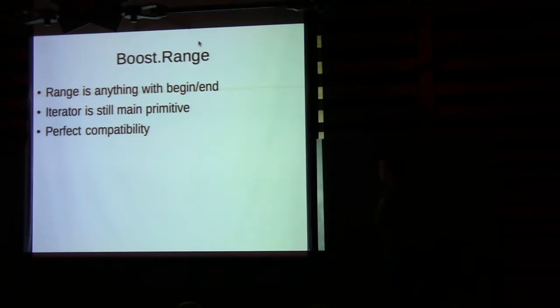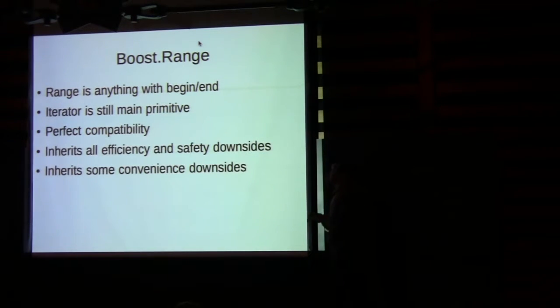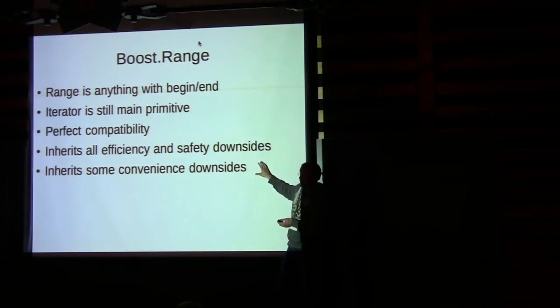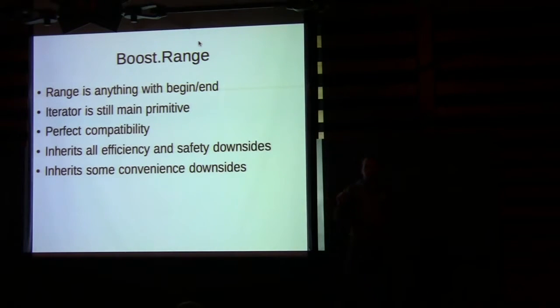This is great. Unfortunately, it means it inherits all the efficiency and safety downsides of both ranges and iterators. Because the actual iteration still happens with iterators, an iterator cannot detect out-of-bounds access, for example. And it also inherits some of the convenience downsides of iterators and ranges, specifically not when using them, but when writing your own adapters, for example.